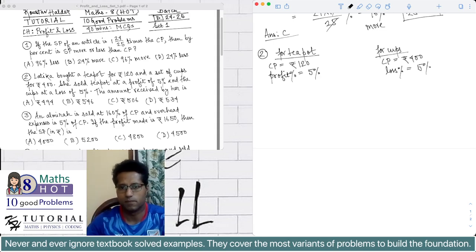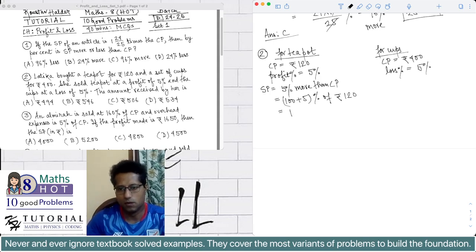Now we have to find what amount Latika received, that is the sum of the selling price of these two items. Now for the teapot, we know the cost price, and if there is a profit percent, we can say that the selling price will be 5% more than cost price. 5% more means 100 plus 5% of CP, and CP is given to be 120.